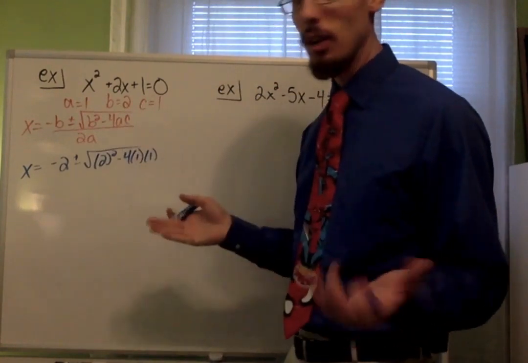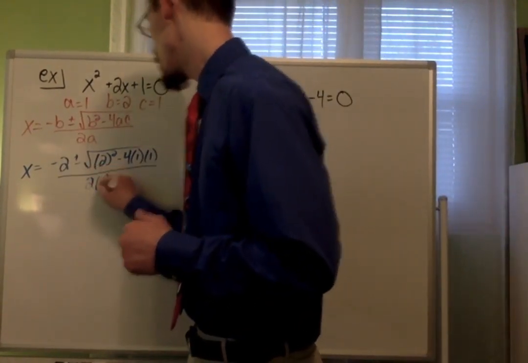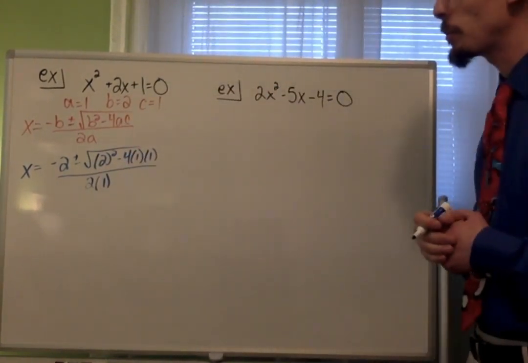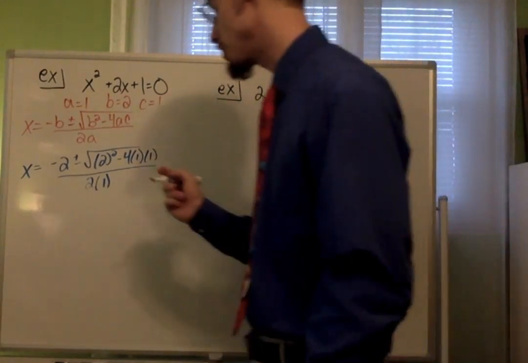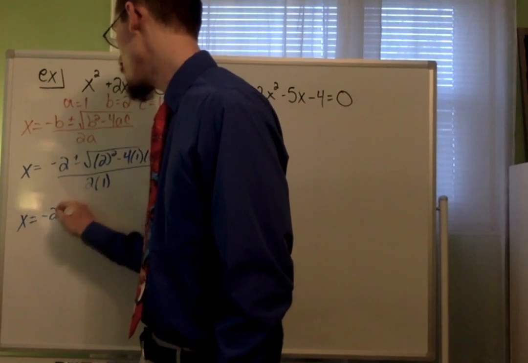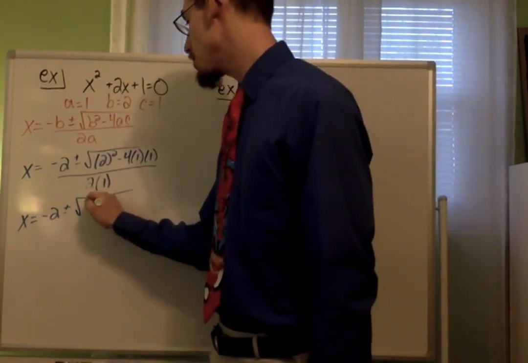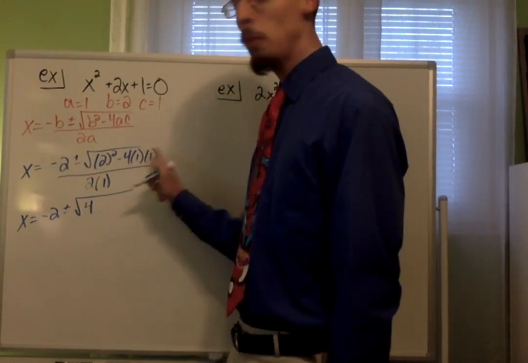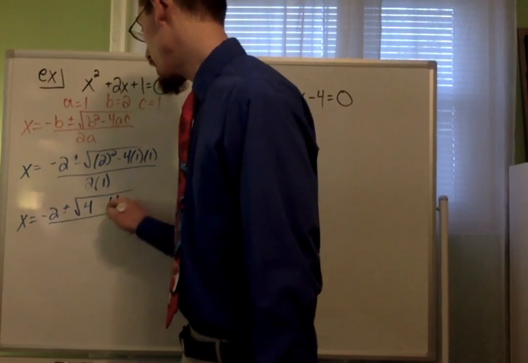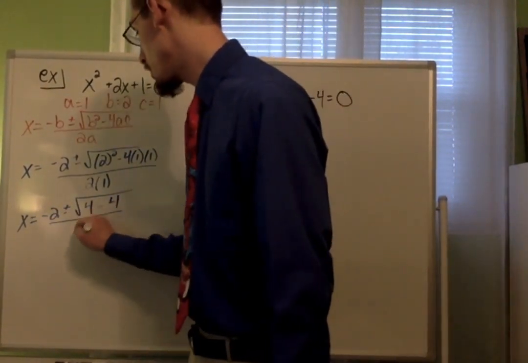Because A and C are 1, all over 2 times 1. Okay. Let's simplify what's under the square root first. So negative 2 plus or minus the square root of 2 squared is 4, and 4 times 1 happens to be 4 as well. So I get 4 minus 4 under the square root. 2 times 1 is 2.